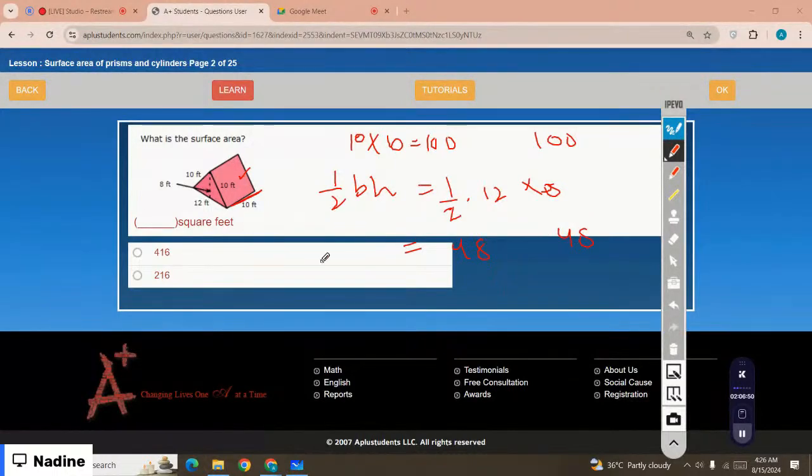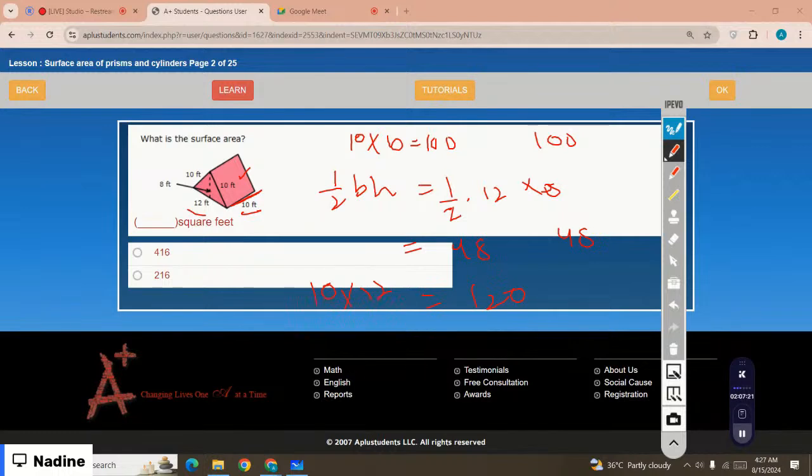Now calculate the area of the base. So the area of the base is this is 10 and this is 12. That is 10 times 12. That is 120, right? Let me just add all the areas. They are 100 plus 100 plus 48 plus 48 plus 120.